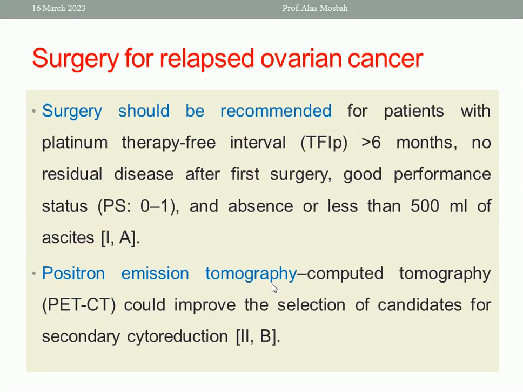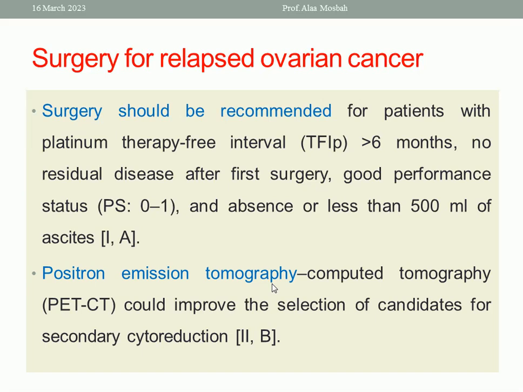What about surgery for relapsed ovarian cancer? Okay, surgery should be recommended for patients with platinum therapy-free interval more than 6 months, no residual disease after first surgery, and good performance status, PS from 0 to 1. Performance status 0 means the patient is mobile, can do self-care, can go to work, and so on, so no limitation in his life.